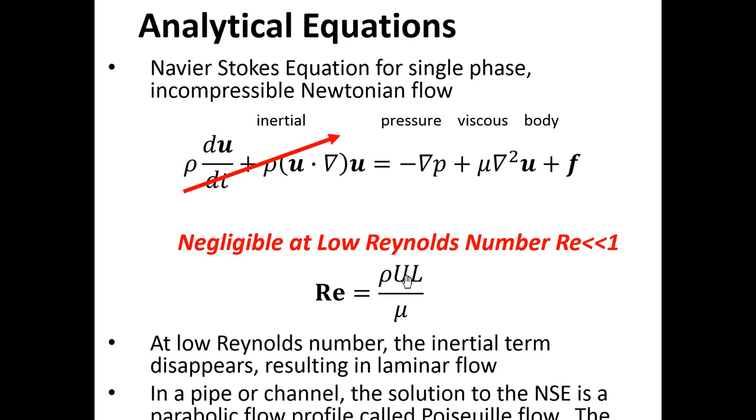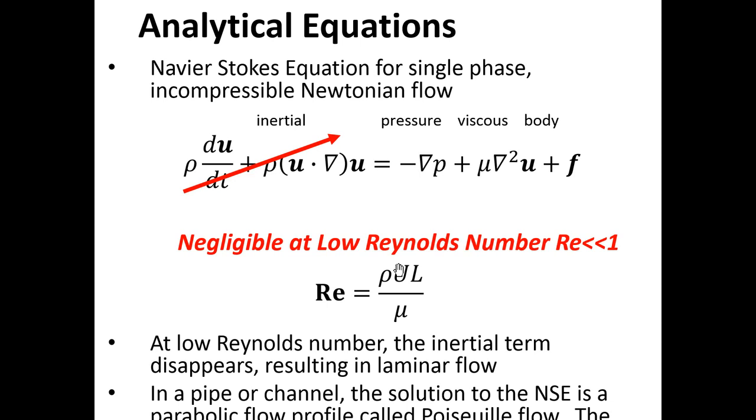So the U term also goes down. If you just consider L, then the Reynolds number scales as the length. If you consider that the velocity also goes down as you shrink the system, then it becomes proportional to L squared.